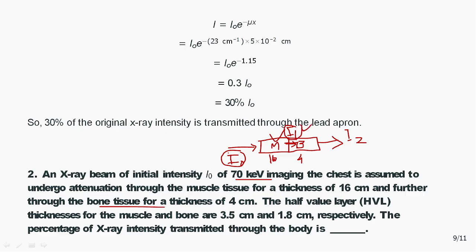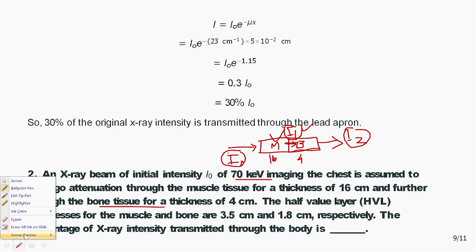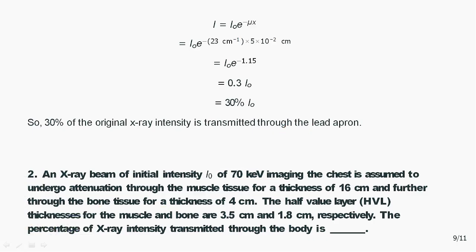The intensity we get after passing through the muscle is considered the initial value for the bone, and again it will pass through the bone. Some of it will be absorbed and we finally get the value I2. So this is the process we need to calculate.